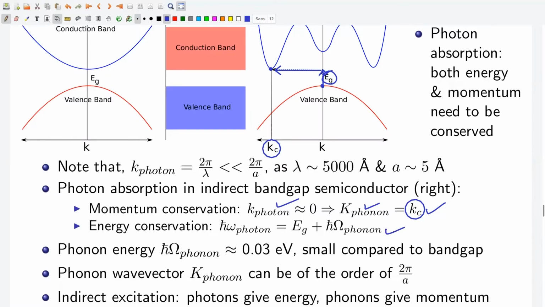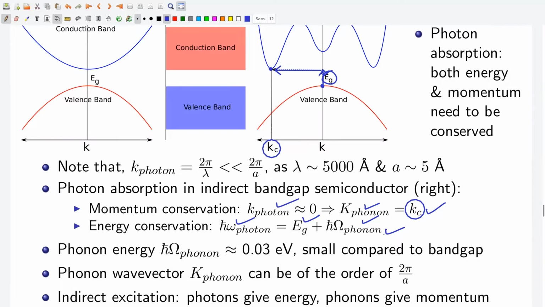On the left hand side, we have energy of the absorbed photon, which is equal to the band gap Eg plus energy of the absorbed phonon. Phonon energy at room temperature is 30 millielectron volt, which is very small compared to the band gap.